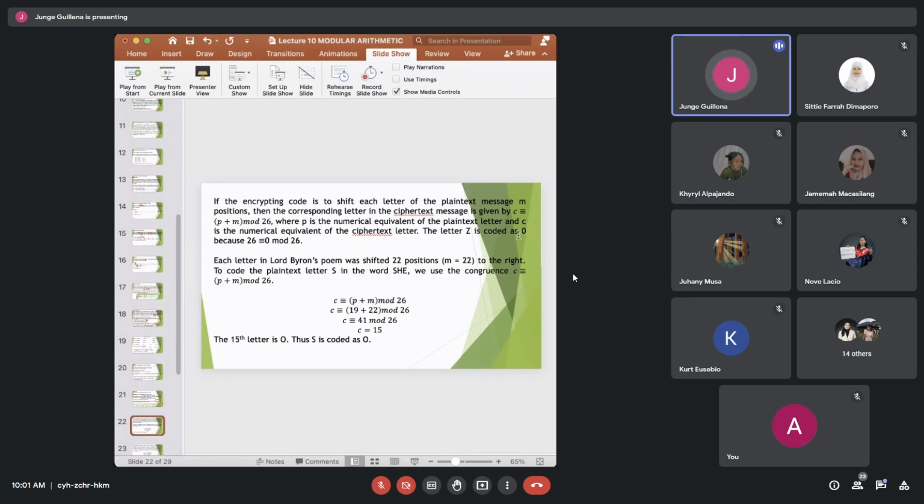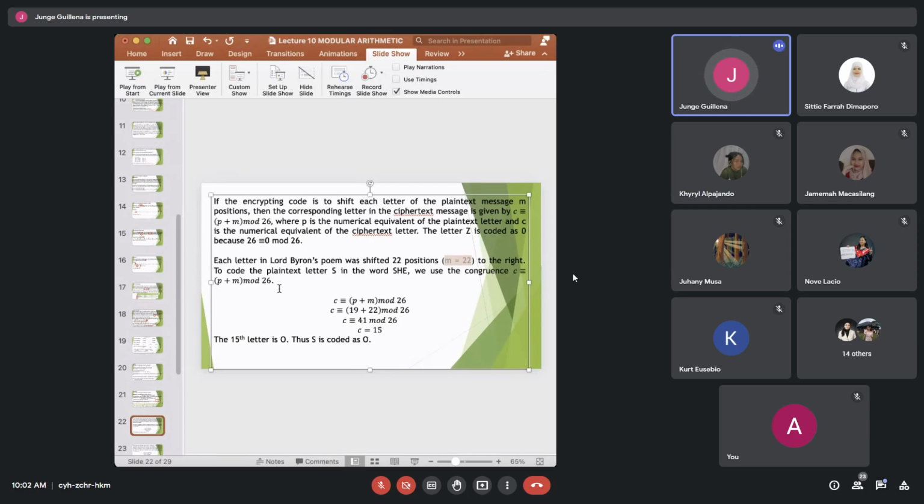The letter Z is coded as 0 because 26 is congruent to 0 modulo 26. 26 divided by 26, the remainder is 0. So each letter in Lord Byron's poem was shifted 22 positions. That would be our M, to the right, to the right.